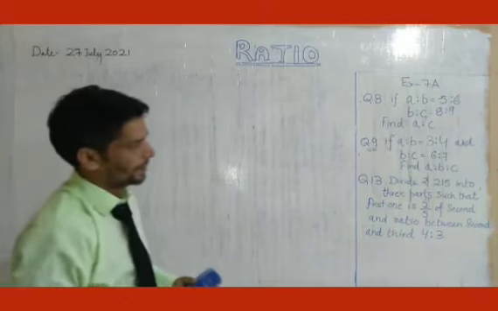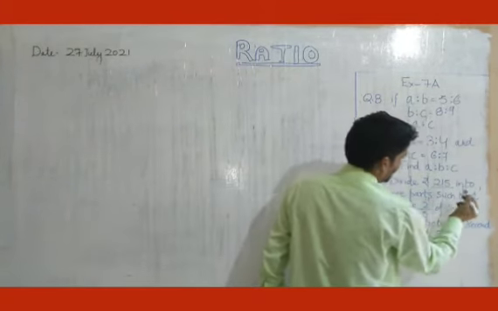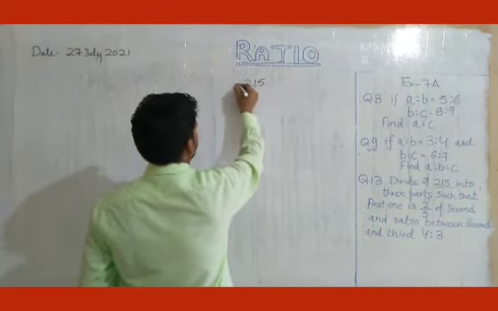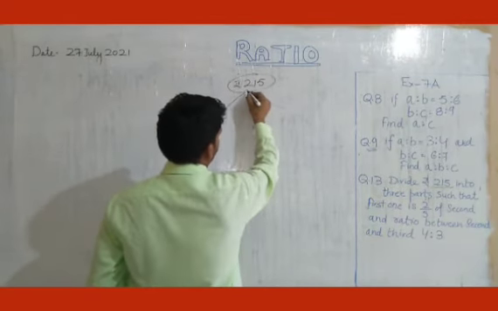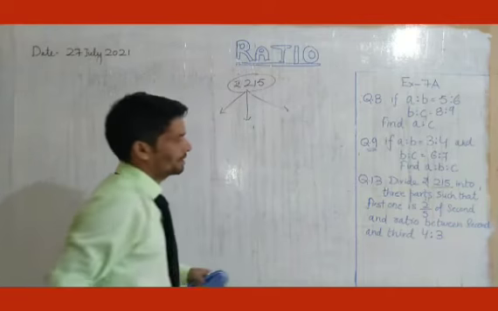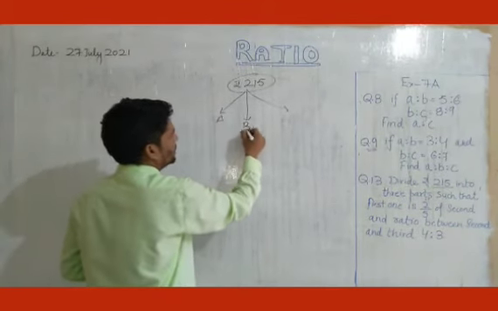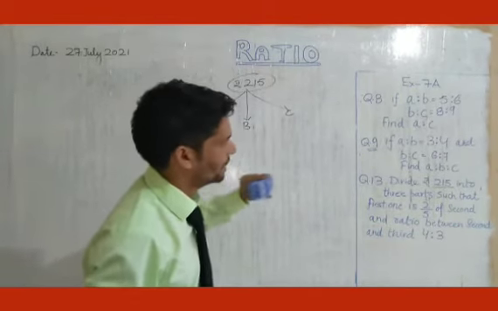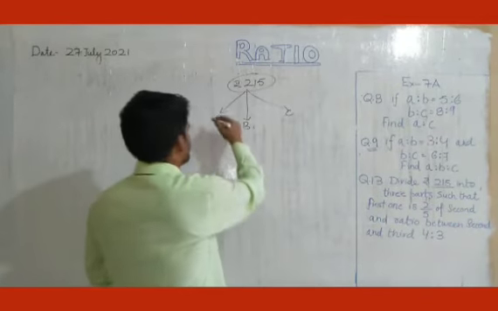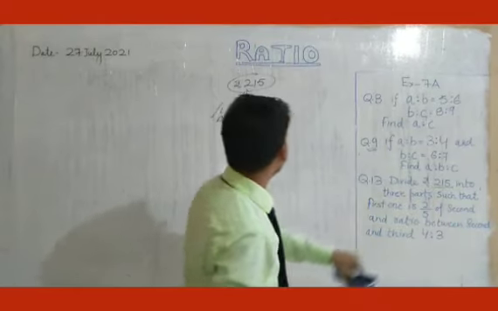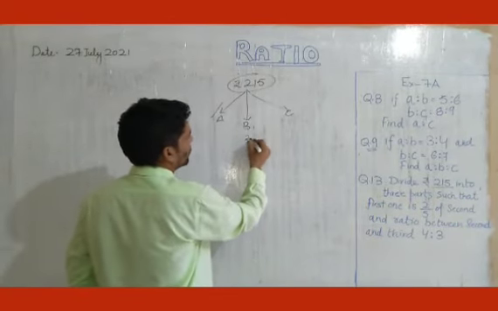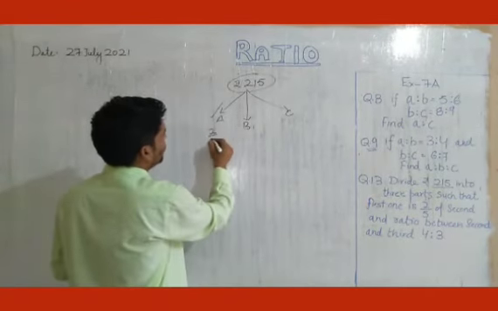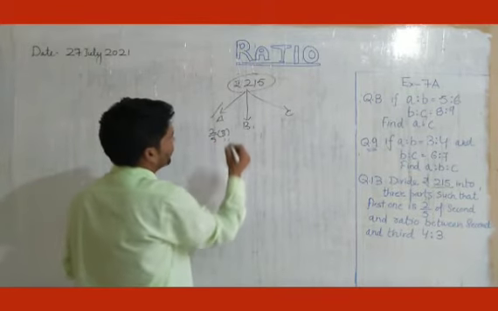Question number 13 is very important. Divide rupees 215 into 3 parts A, B and C such that the first is 2/5 of the second.